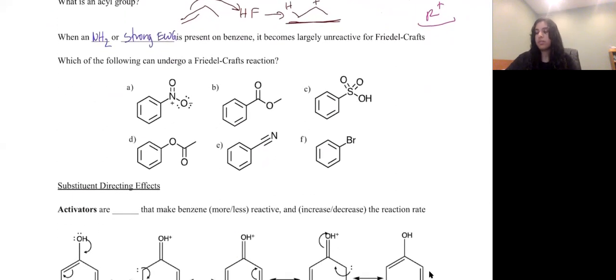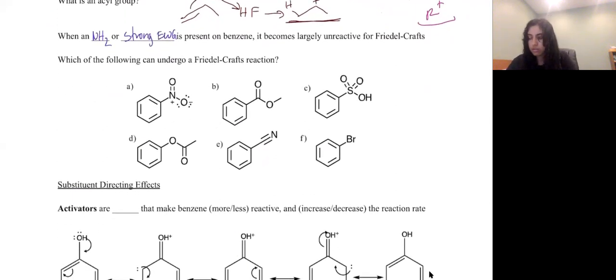So out of all of these benzenes, which one is able to do a Friedel-Crafts? Yeah, F can do it because bromine is not a strong withdrawing group.